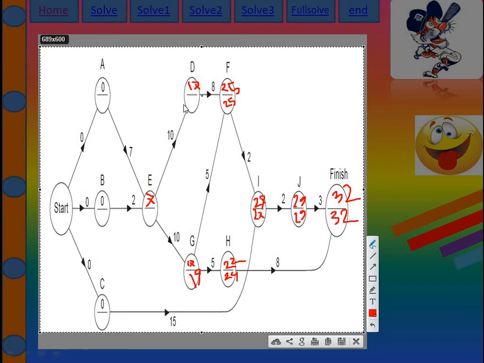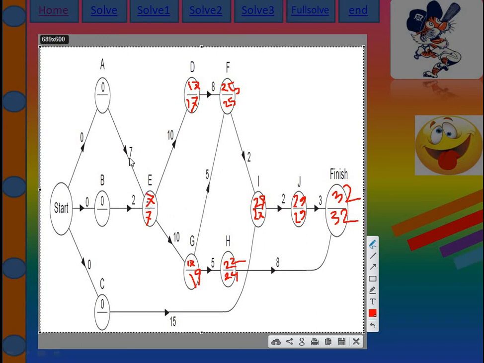Then 25 minus 8 is 17. For G to E, 19 minus 10 is 9, but D to E is 17 minus 10 equals 7. So I select 7 because I take the lower value.